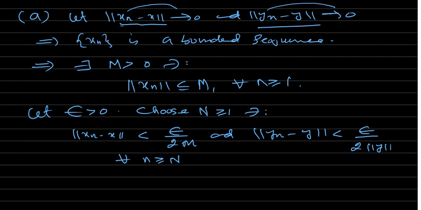Now let's see this difference in the mod of the inner product of xn and yn with x, y. Okay, we show that difference is less than epsilon. जो आपको प्रूव करना है xn and yn, यहाँ तक तो आपके पास एक गिवन था सारा xy. You will show that this difference is less than epsilon for all n greater or equal to capital N. So that will prove this converges to xy. Okay.